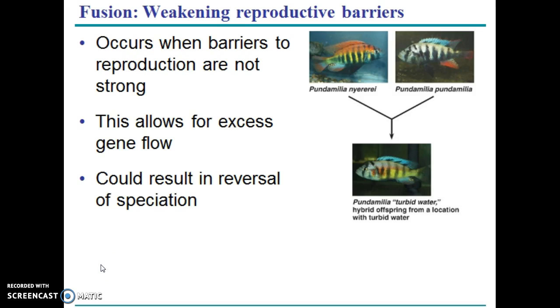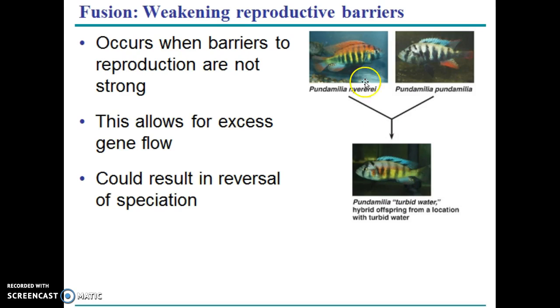Fusion is where barriers are weakened, and that would be when barriers to reproduction in general are not strong. This is an example that has been going on in Lake Victoria with some of their fish. There were two different species, and as a result of these two species consistently breeding together to create hybrids, these guys and these guys both essentially disappeared, and now this is the common species that's seen in those lakes.